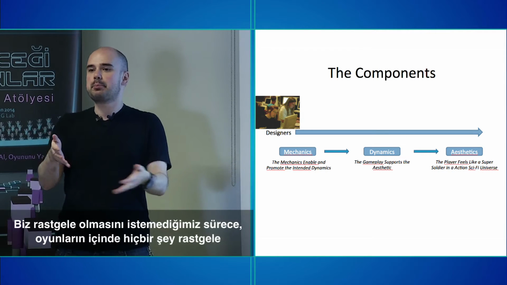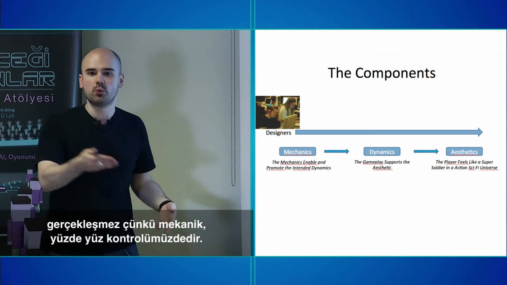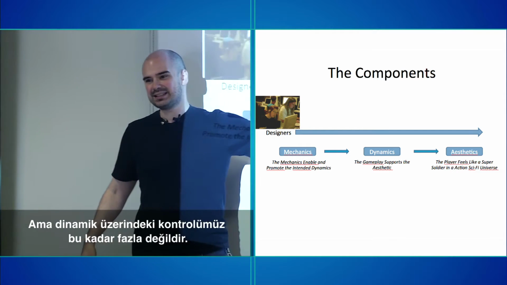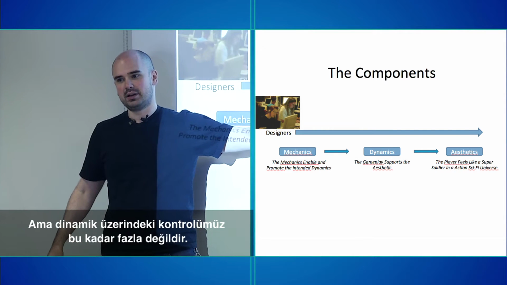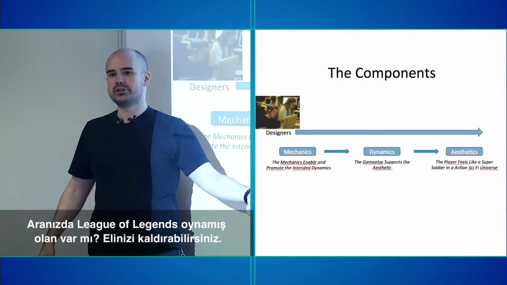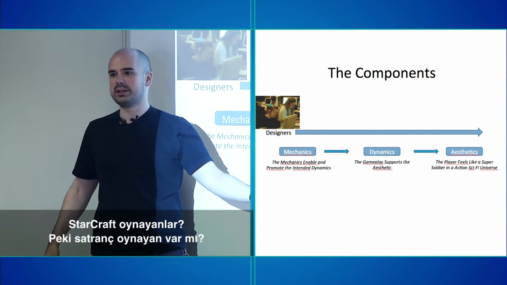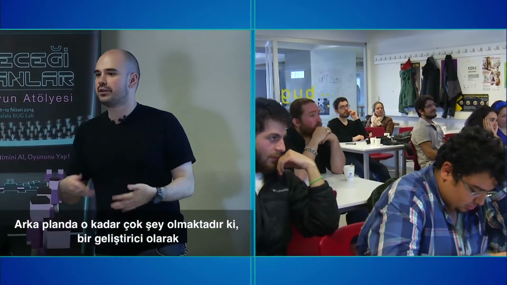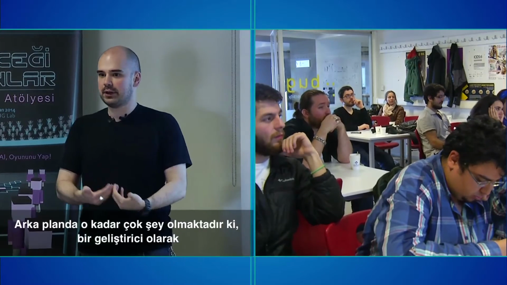There's nothing that happens randomly in our games unless we want it to happen randomly. We have 100% control. We have a little bit less control of the dynamics though, right? Has anyone played League of Legends? Hands up. Anyone play StarCraft? Anyone play chess? Right? There's so much stuff going on there that you cannot, as a developer, account for.